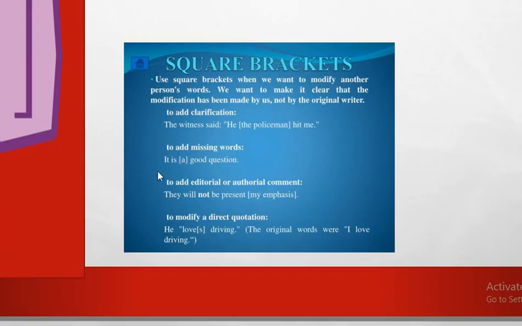To add missing words: it is [a] good question. To add editorial or authorial comment: they will not be present [my emphasis]. To modify a direct quotation: he [loves] driving.